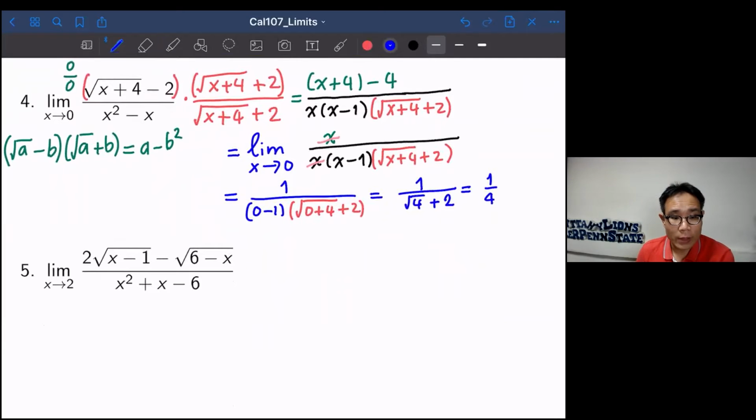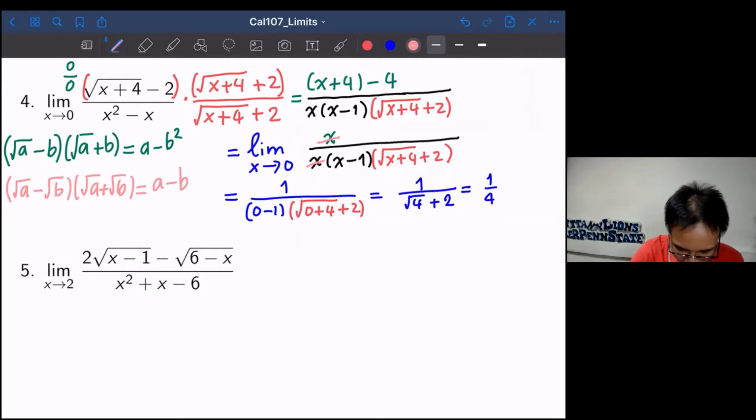The next one, you see that you have square root again. In order to get rid of the square root, you may have to recall another one, which is root a minus root b times root a plus root b. This guy from your algebra is going to be a minus b in a fancy way.